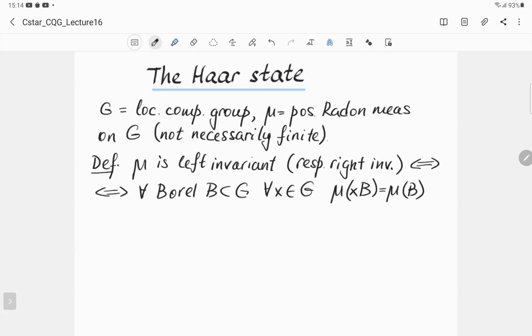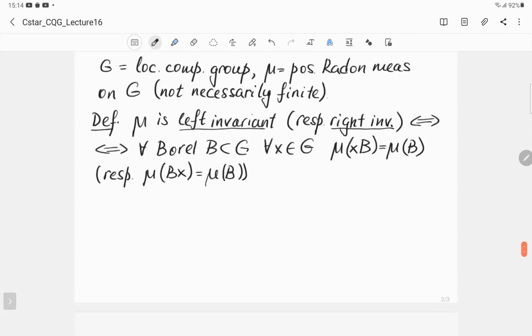So this is the left invariance property, and for the right invariance, we have the following. And well, of course, there's a trivial example, the measure which is identically 0.